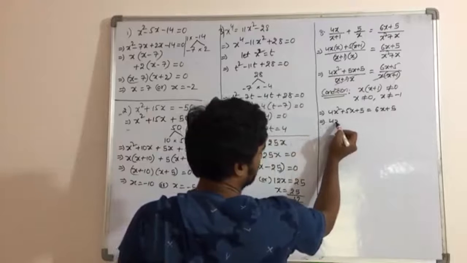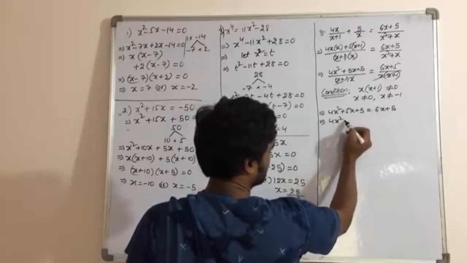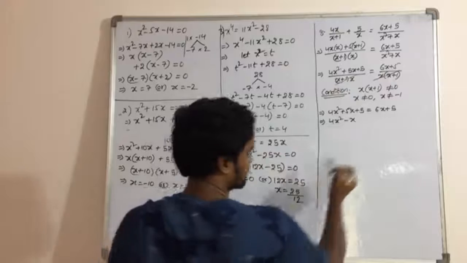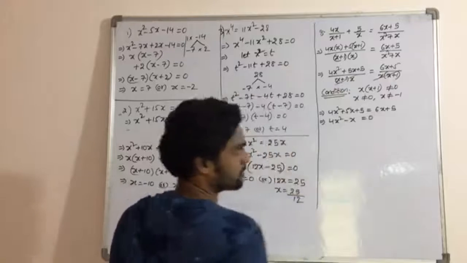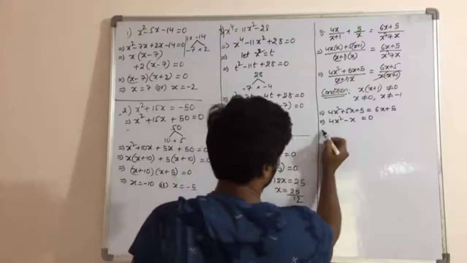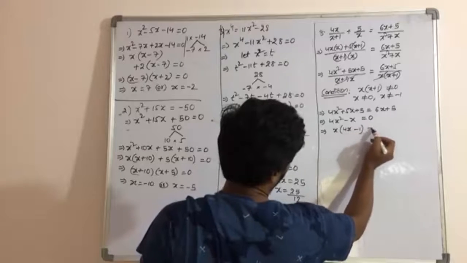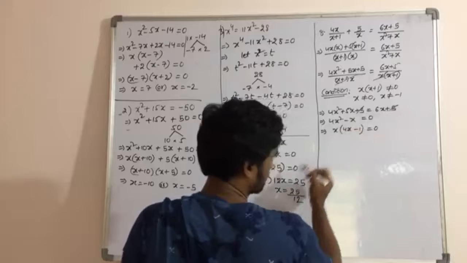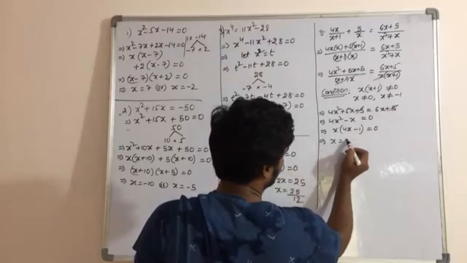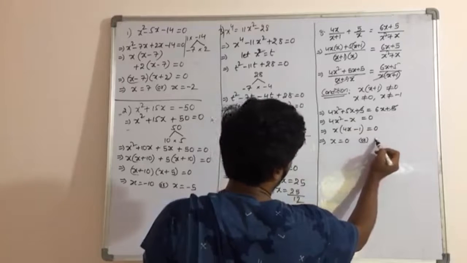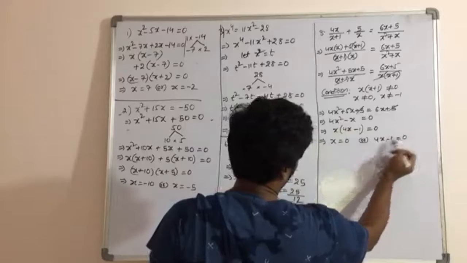Now see this. 4x square plus 5x minus 6x minus 5 is equal to 0, that is 4x square minus x is equal to 0. Now, x into 4x minus 1 is equal to 0. x is equal to 0 or 4x minus 1 is equal to 0.